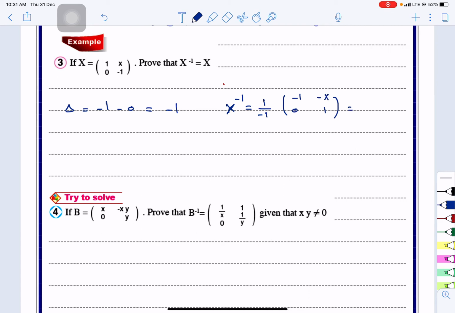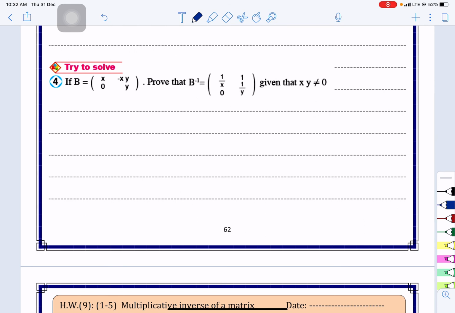Negative 1 multiplied by 1 equals negative 1, negative 1 multiplied by x equals negative x, negative 1 multiplied by 0 equals 0, negative 1 multiplied by 1 equals negative 1. So the result is the same as the matrix X. So matrix X equals the multiplicative inverse of matrix X. Try by yourself.